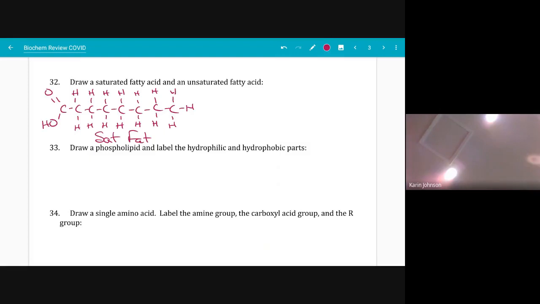And then an unsaturated fat is exactly the same, only some point along the way it has a double bond. So I threw a double bond in there. I'm going to put the carboxyl acid group at one end again. And I'm going to add my hydrogens, but watch carefully for the hydrogens.